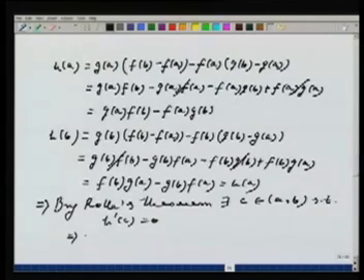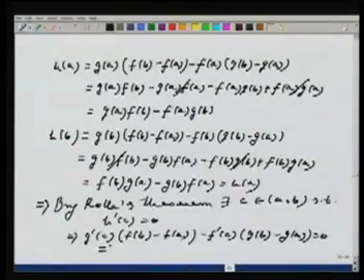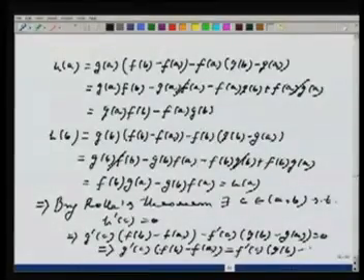This implies g'(c) into (f(b) minus f(a)) minus f'(c) into (g(b) minus g(a)) equal to 0. This then implies that g'(c) into (f(b) minus f(a)) equals f'(c) into (g(b) minus g(a)). This is precisely what we wanted to prove.